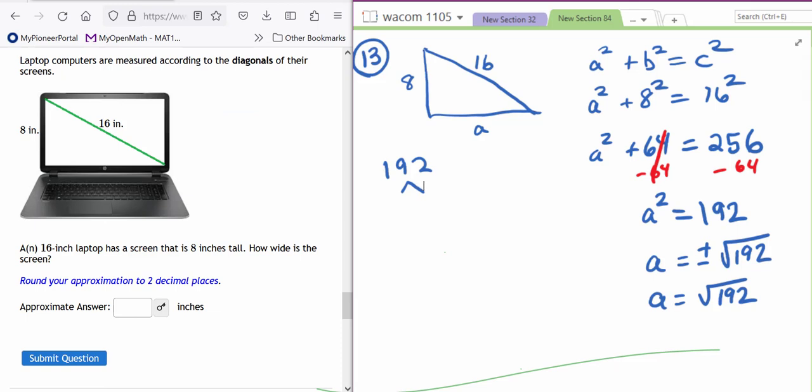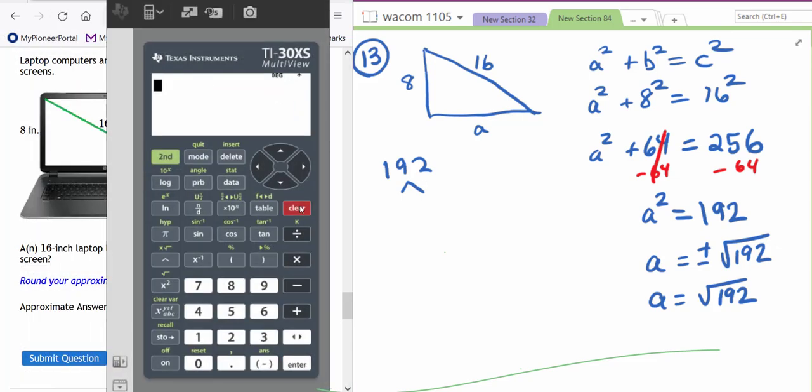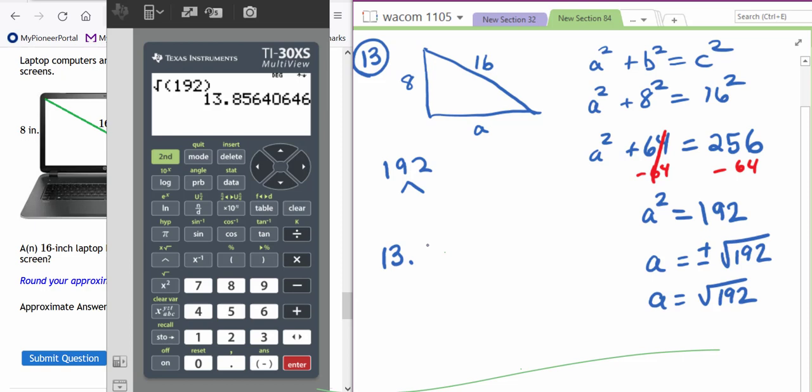Okay, so we have to plug 192 into our calculator. Second square root, 192, close your parentheses, enter. All right, and so we have 13.856406. Let's see how many places they said.